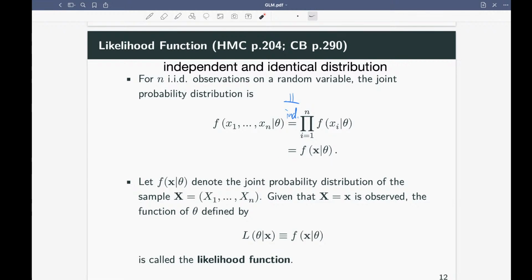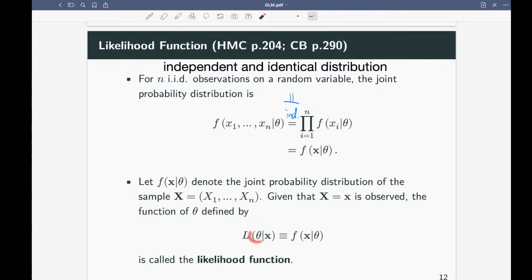In the likelihood function, we want to use the joint probability distribution of the data to estimate the parameters we are interested in.